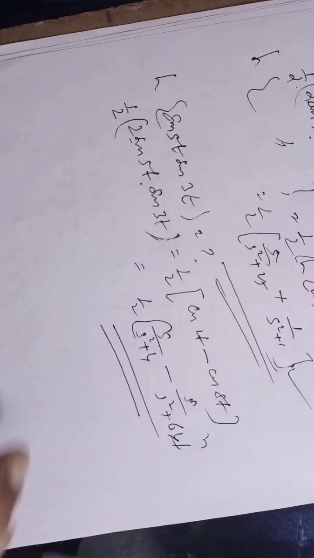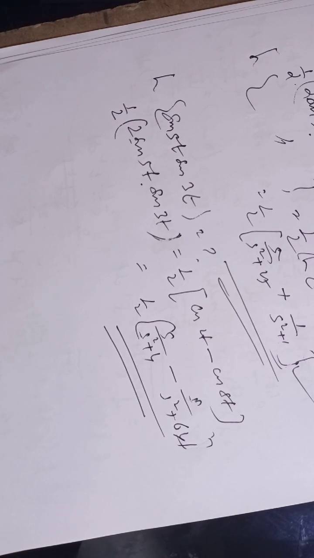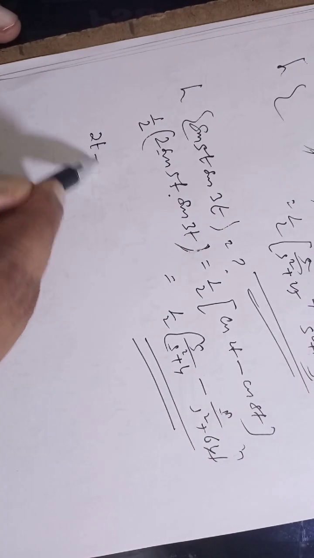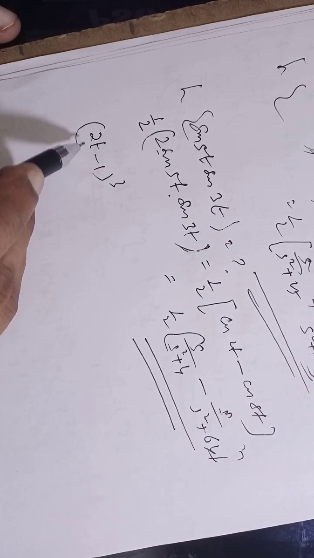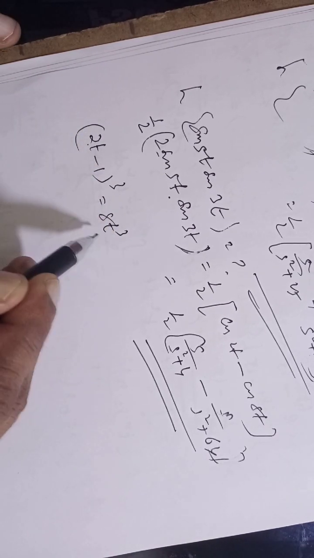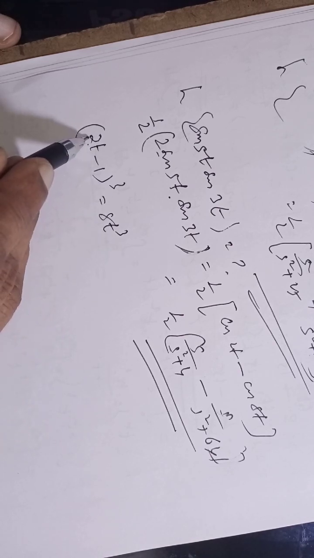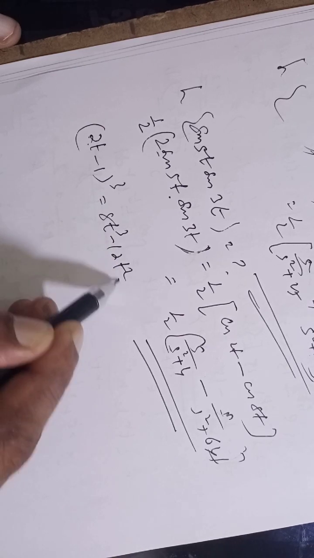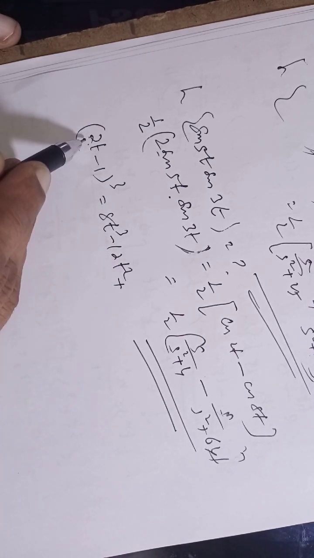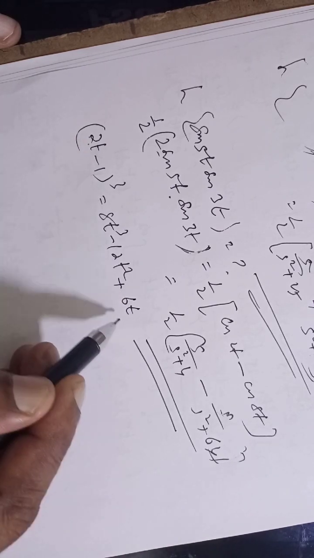And if there is another question to find the Laplace transform of maybe (2t minus 1) whole cube, then simplify it using (a minus b) whole cube: that is a cube, 8t cube, minus 3a square b, 3 into 4t square, minus 12t square, plus 3ab square, 3 into 2t into 1 square, that is 6t, and minus b cube, minus 1.